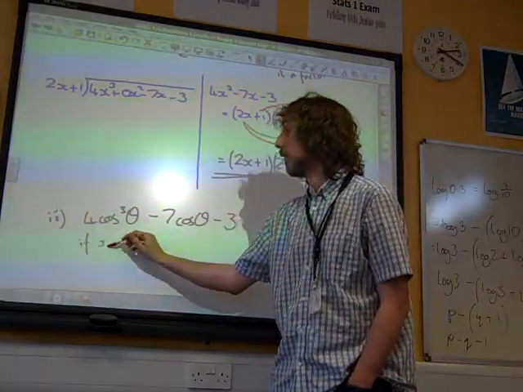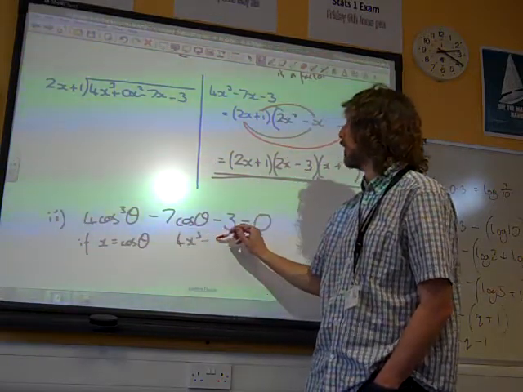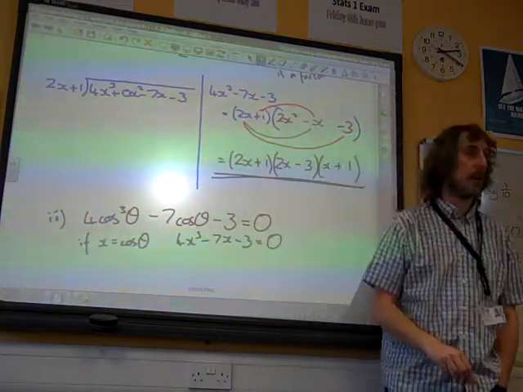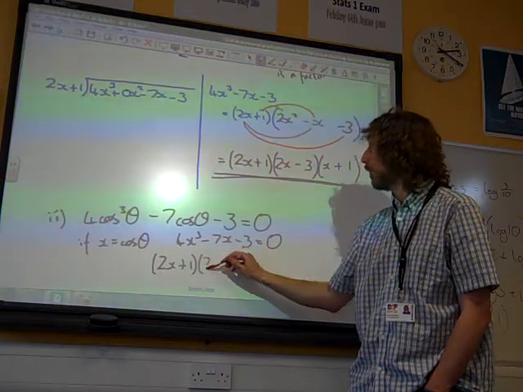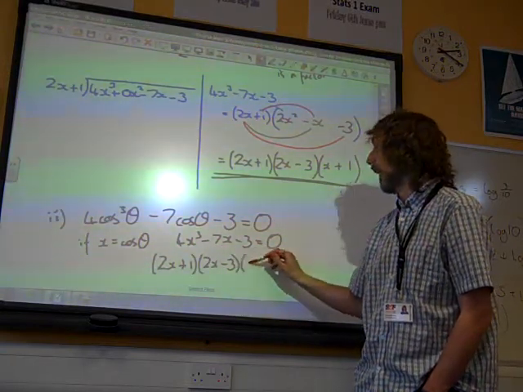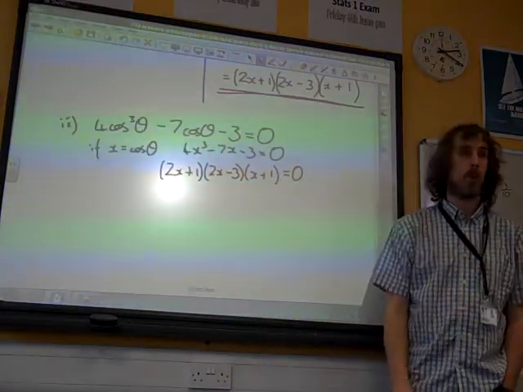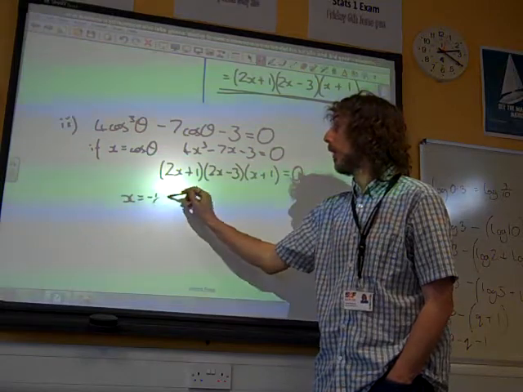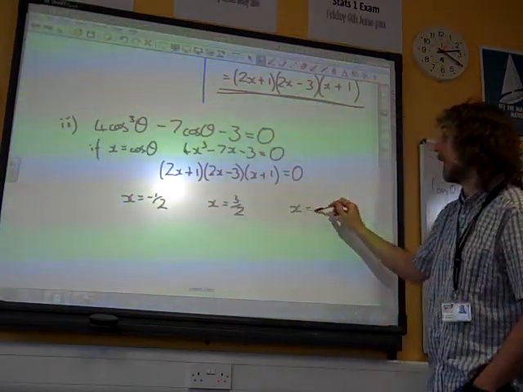If x equals cos theta, then it's the equation 4x cubed minus 7x minus 3. That equation factorises, because we've just done it: 2x plus 1, 2x minus 3, x plus 1, which has roots of x being minus a half, x being 3 over 2, and x being negative 1.